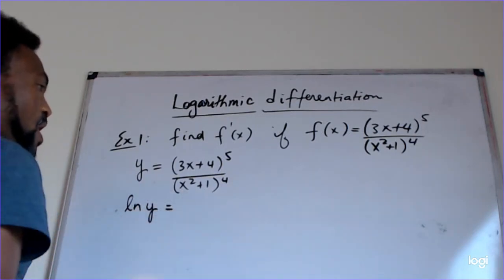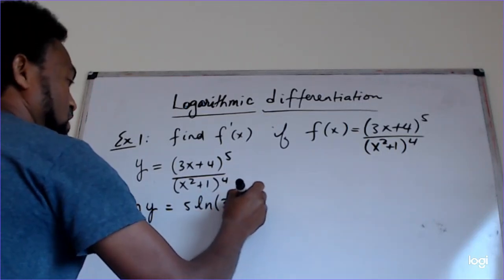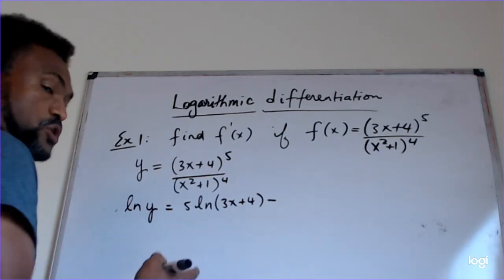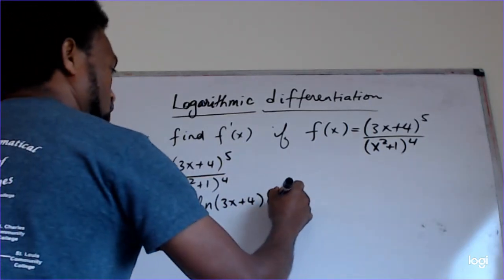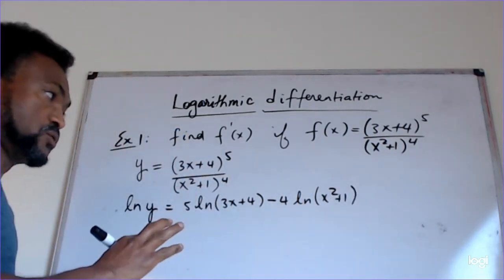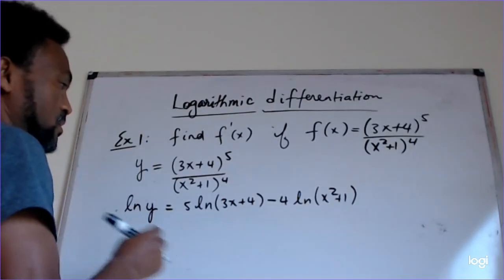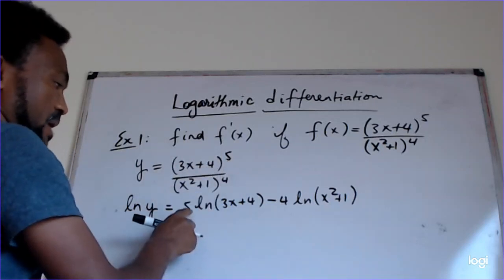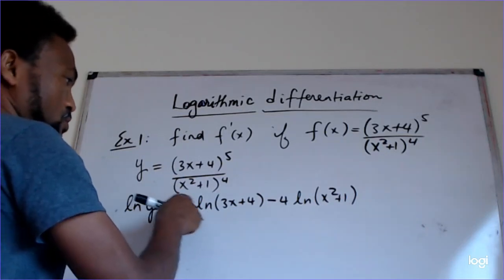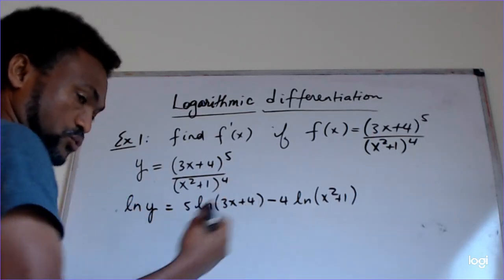The natural log of y equals 5 times the natural log of (3x plus 4) minus, remember, the logarithm of a quotient is the difference of the logarithms, so 4 times the natural log of (x squared plus 1). I have applied two rules of logarithms: one is that the exponent becomes a coefficient, and the other, like I said earlier, is that the quotient becomes the difference. Those are the two rules we should remember.